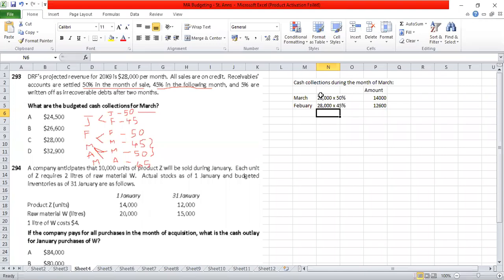But for us, the focus here is how much cash is collected during the month of March. For February, 45%, we are considering that February month as March. That's right. So the total amount of cash collection during the month of March is 26,600.